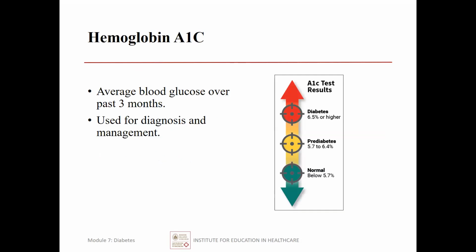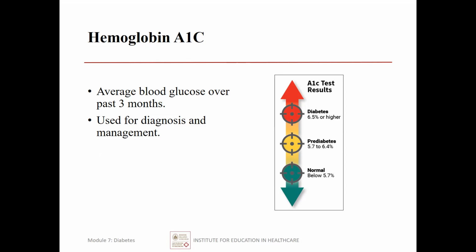Another test that is sometimes used to diagnose diabetes, and if somebody is diagnosed with it, it's also used to kind of help monitor how well they're managing their diabetes, is something called a hemoglobin A1C test. And this is, again, a blood test, and it gives a snapshot of what the average blood glucose level was over the past 3 months.